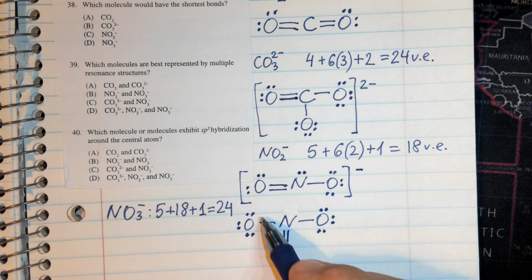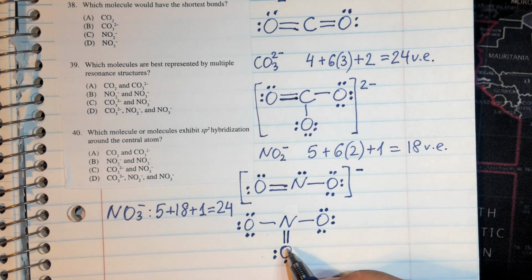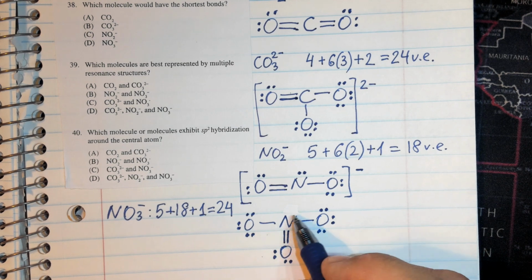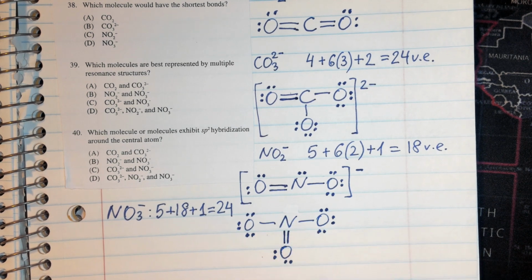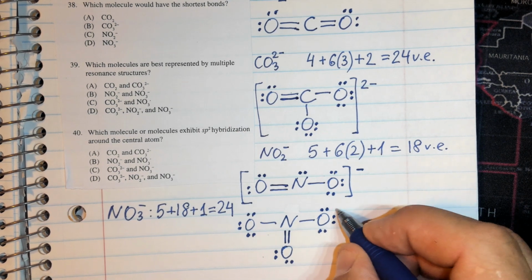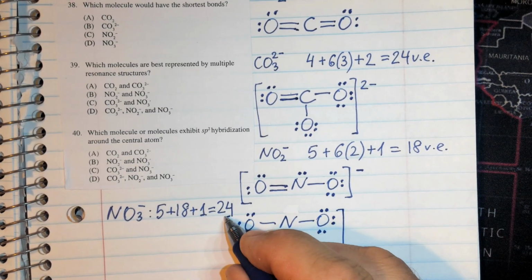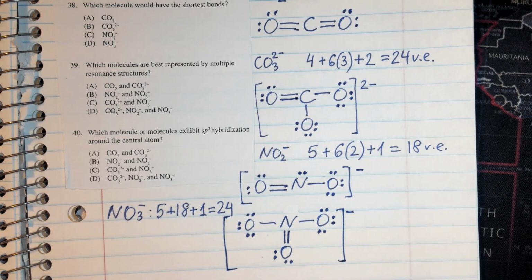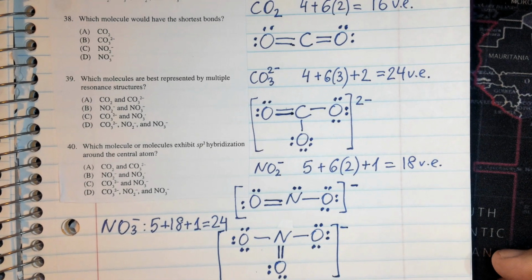And now all of my atoms are in the octet configuration, all of my oxygens, and nitrogen also. And I'm using all of the 24 electrons. And the net charge on nitrate is -1. So now I can answer the first question.